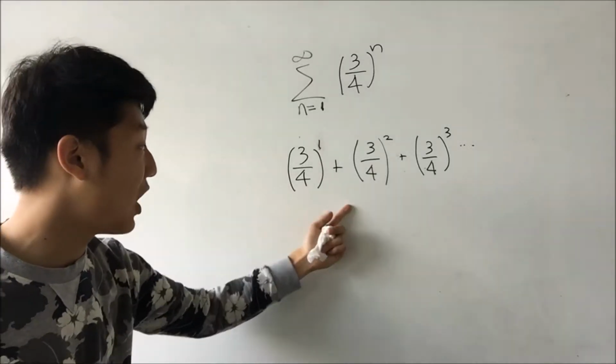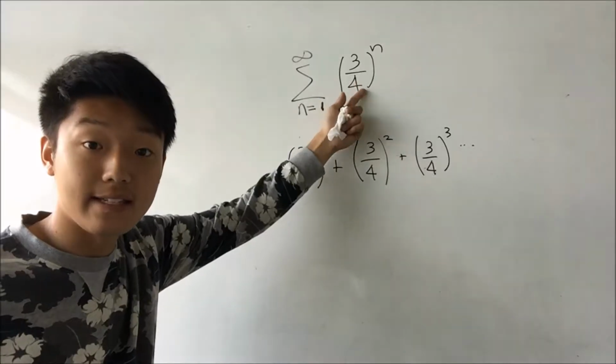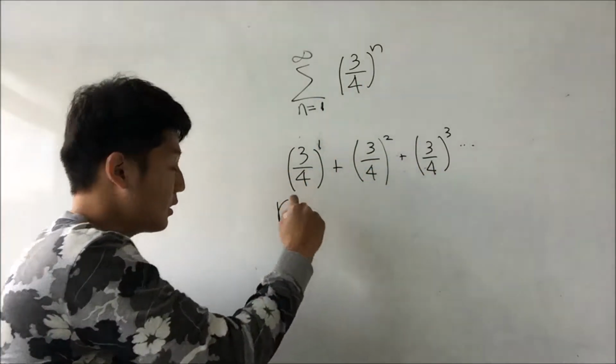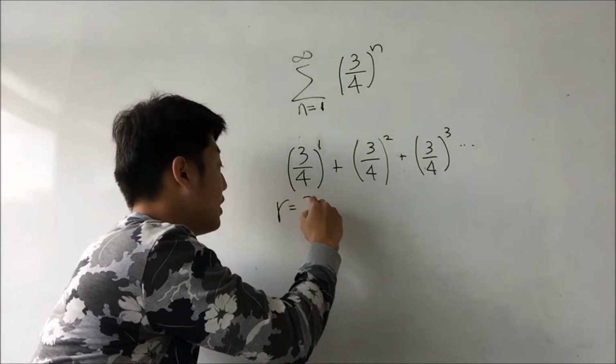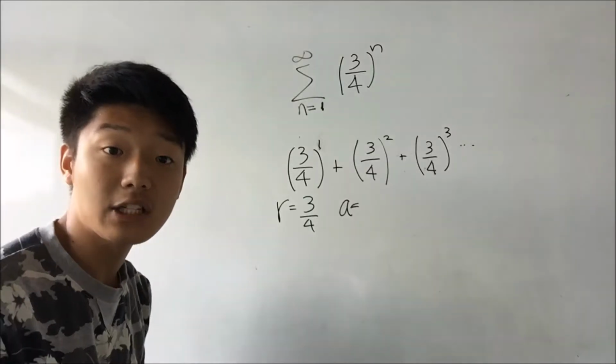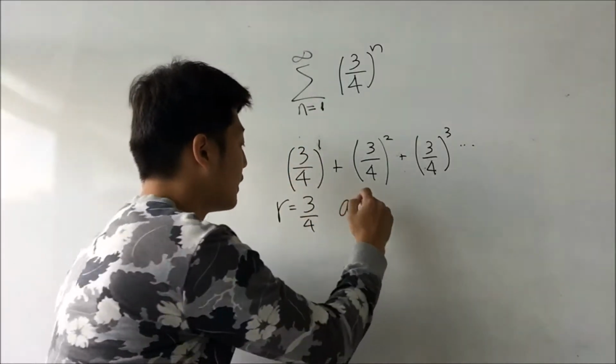We know that this is r. This inside number is r, and it's multiplied by itself each time. So r is 3 over 4. Now, what's a? Last video I talked about a. A is the first term of this series, which is 3 over 4.